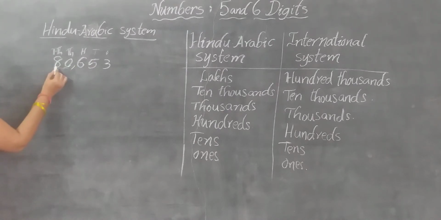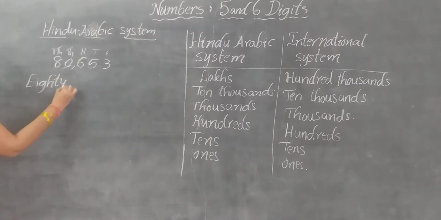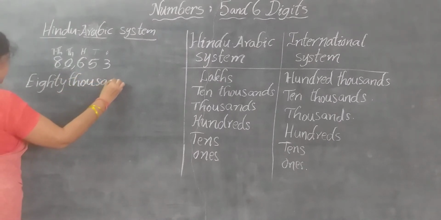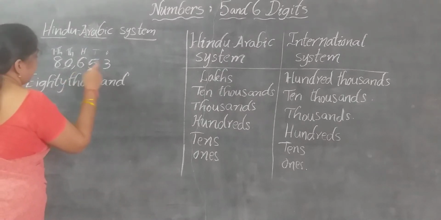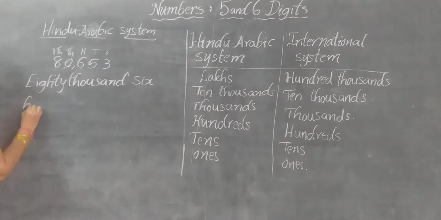Now say the number once again. What is this? 80,000. Say the spelling. 80, E-I-G-H-T-Y. 80,000. And 600.